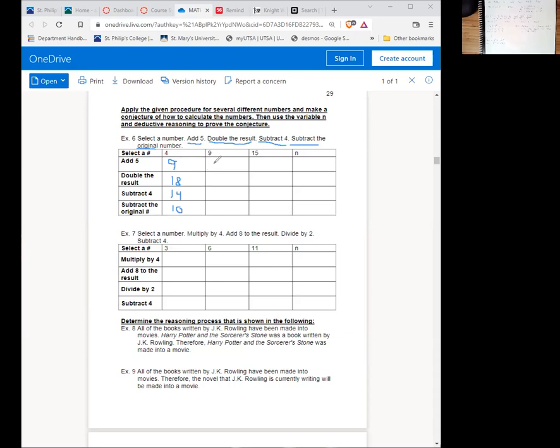Let's do another one, I guess. You have 9. If you add 5 to it, that's going to be 14, right? If you double it, subtract 4.